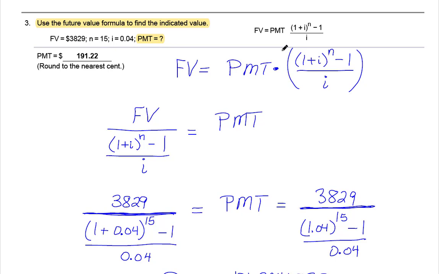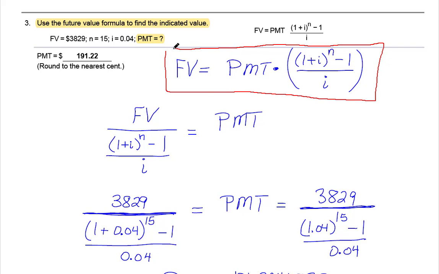So I'm going to take this formula, which is our normal future value formula, and I'm going to solve for the payment. And I do that by simply dividing both sides by this big item here. And so I'm going to take my future value, which is 38.29, divide that by 1 plus I to the 15th minus 1 all over 0.04.